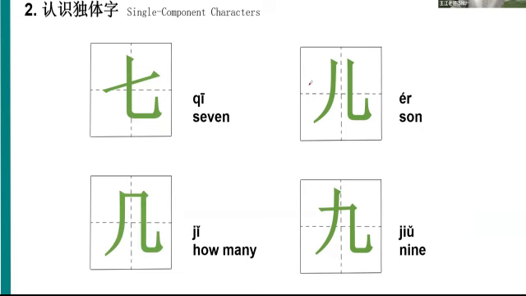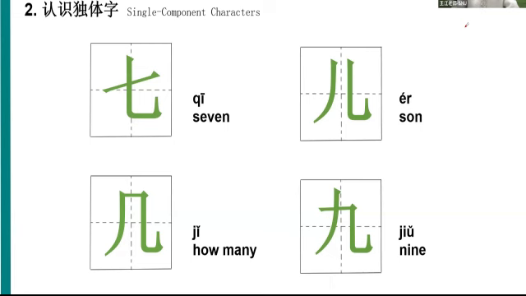And do you know how many Chinese characters you need to acquire? I will give you the answer. You just need to master about 1,000 Chinese characters. That will be enough for you to read the books and the newspapers.